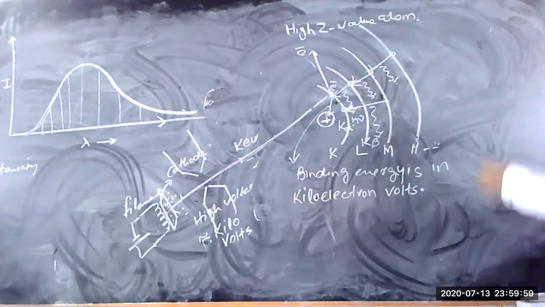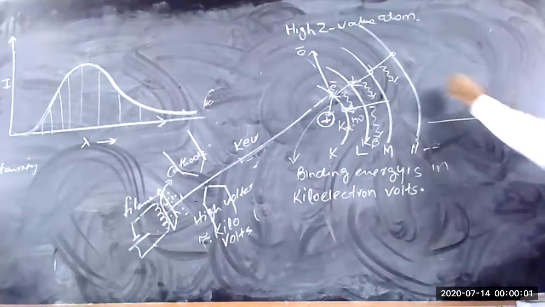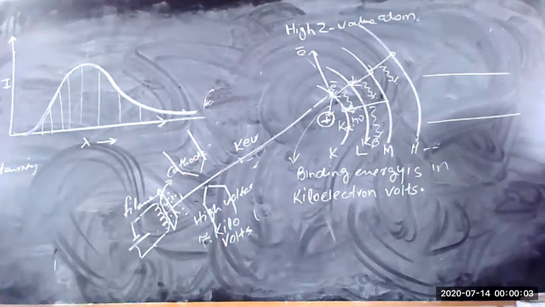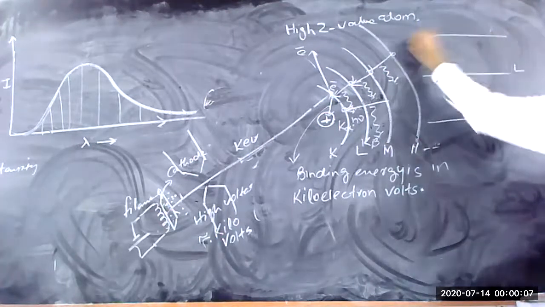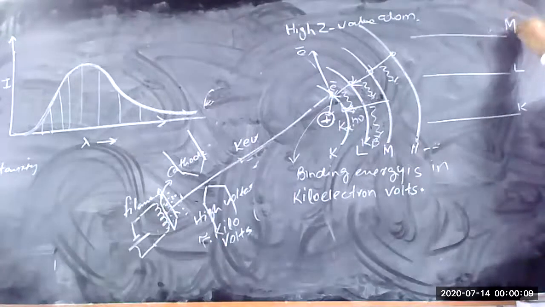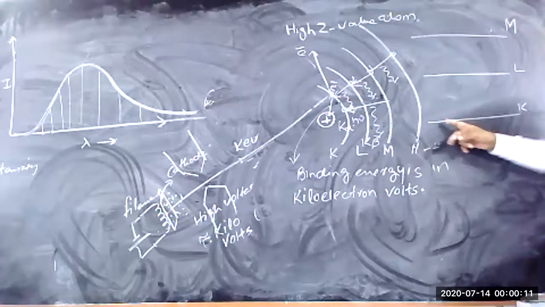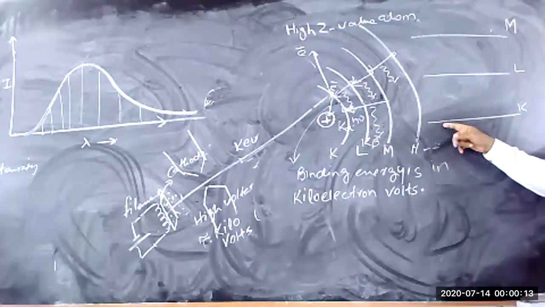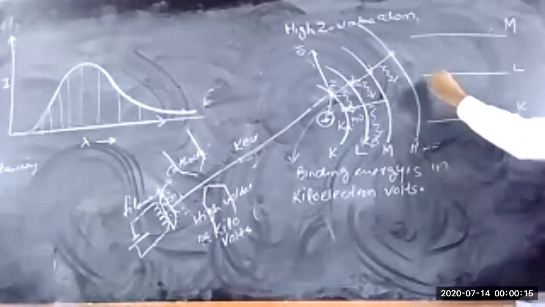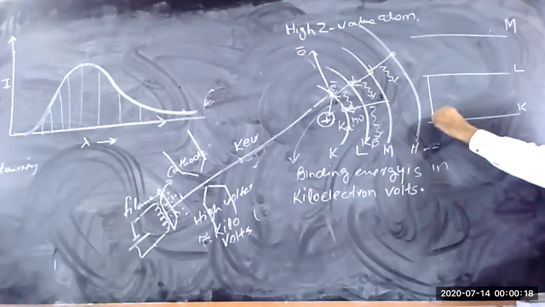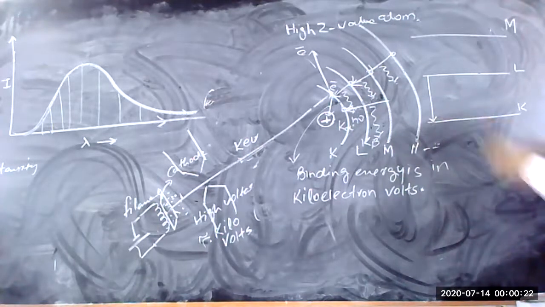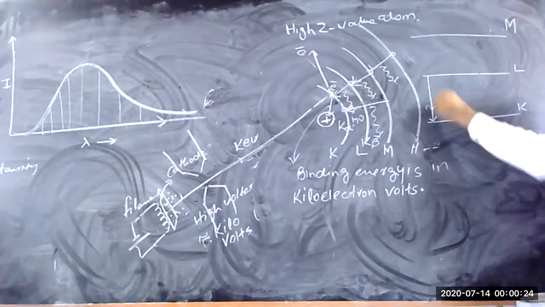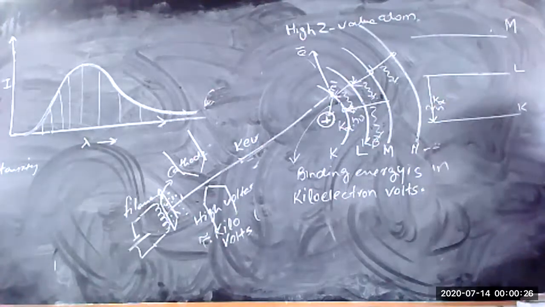So if we draw the energy level diagram over here, this is the K, this is the L, and this is the N. It means if the electron is emitted out from the K shell, the deficiency is filled up by the L jumping and filling up the deficiency, and the X-rays are emitted. We call this K alpha.